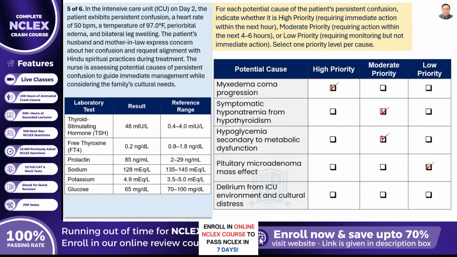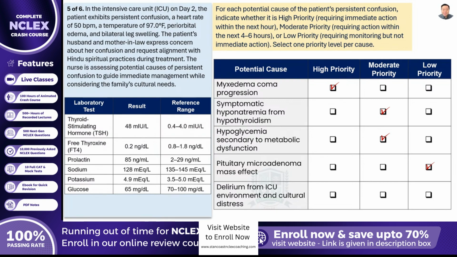And so this can really mess up their neurofunction, especially that they're already stressed emotionally. And also the cultural differences can really overwhelm the patient. And in this case, though, the patient's severe hormonal imbalances are the bigger issue. The delirium might be a piece of the puzzle, but it's not the priority right now.